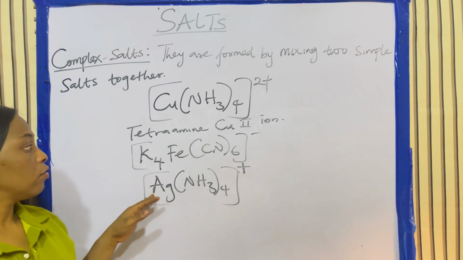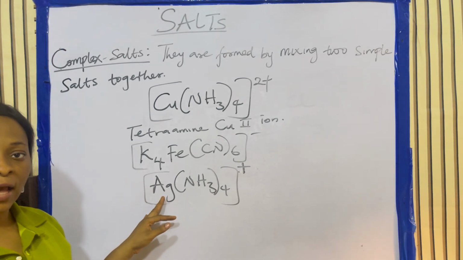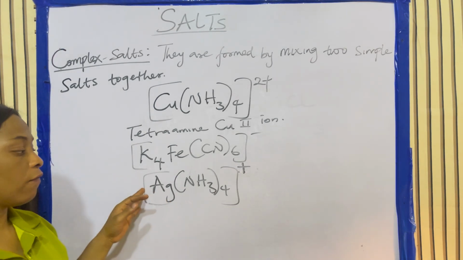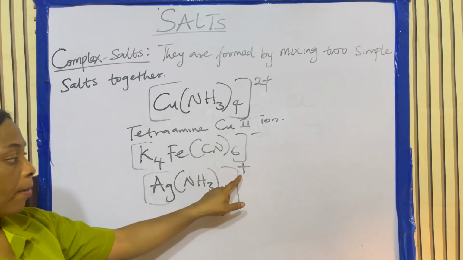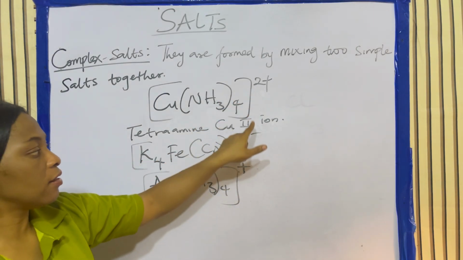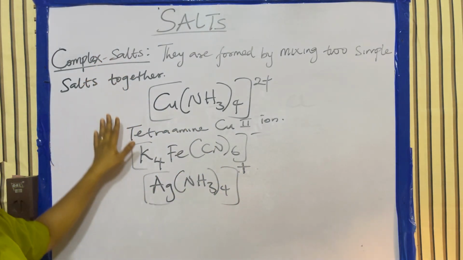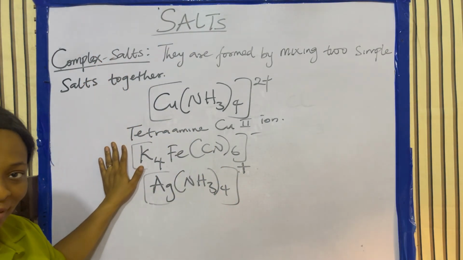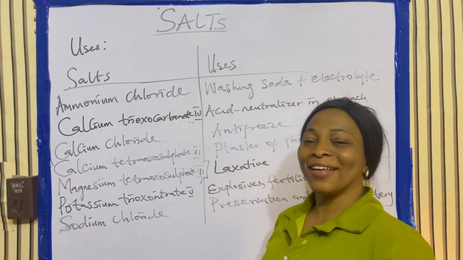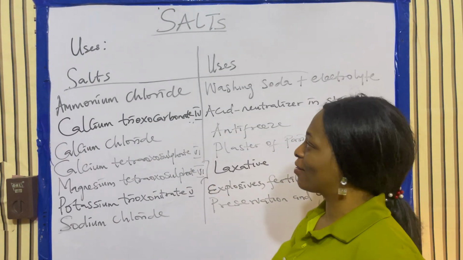This is tetramine silver 1 ion. Remember, whichever one it is, they must be in ion. So these are what we refer to as complex salts.